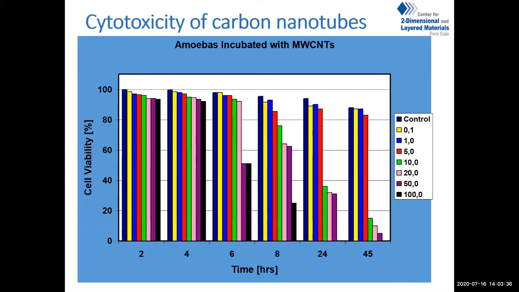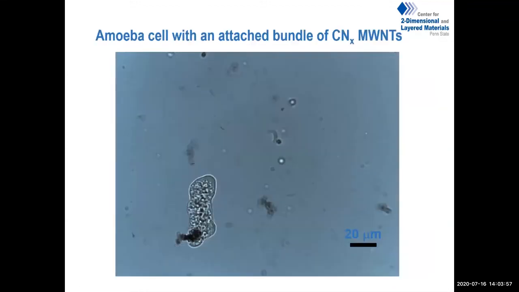The usual procedure is that if you try other types, single wall, multi-wall, boron-doped, as you increase the concentration of carbon nanotubes and time, cell viability goes down. That's a normal situation, but the case of nitrogen-doped carbon nanotubes was very unique.